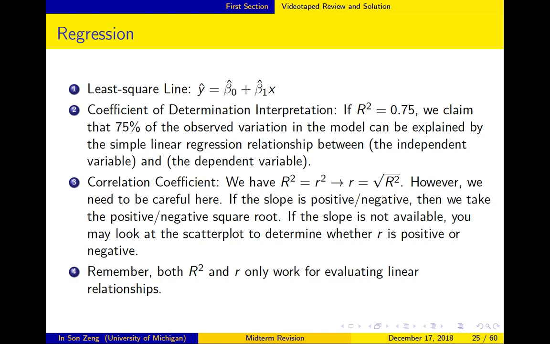So if the plots demonstrate that the model is not a linear relationship, for example they appear to be an inverted U-shape, or monotone increasing or decreasing, then using r squared or the correlation coefficient r may not be valid to evaluate such a relationship.